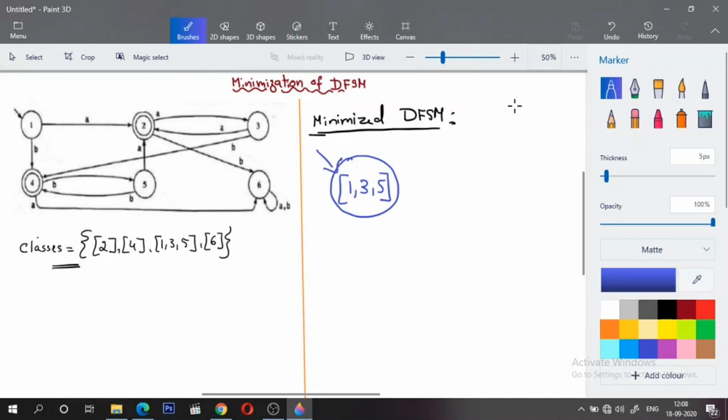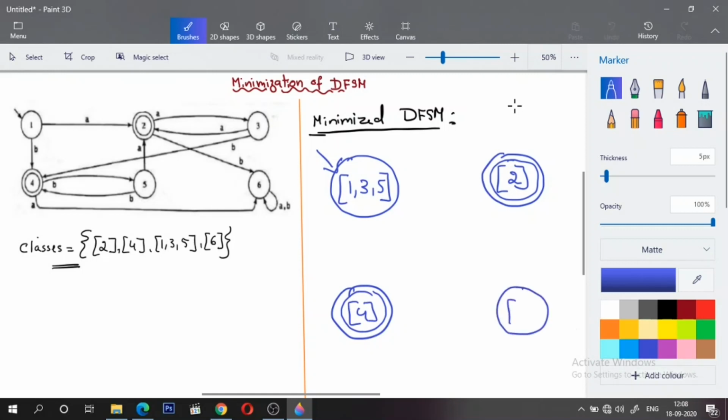Okay, and the accepting states are 2, because it was the accepting state in my original DFA, and 4. These two are my accepting states, and one more state will be 6, which is a non-accepting state. Now let me write the transitions. 135 upon A will make a transition to 2, and upon B it will make a transition to 4.